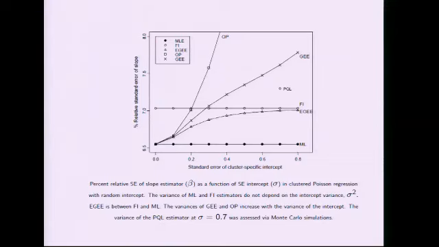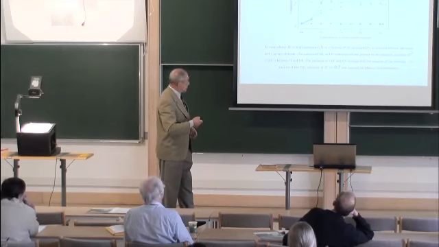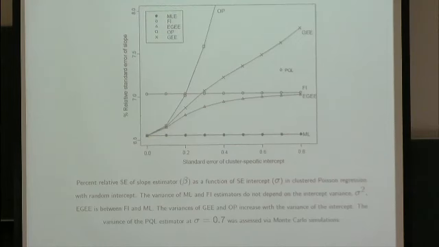Can you tell us what the axes are? The axis here is the standard error of the cluster-specific intercept, and this is the relative standard error of the slope. So this is maximum likelihood. So this is exact GEE.